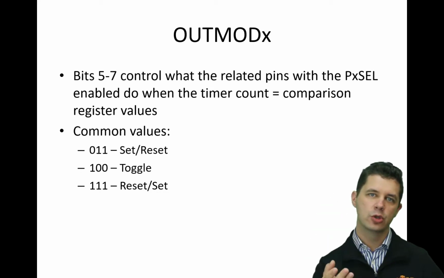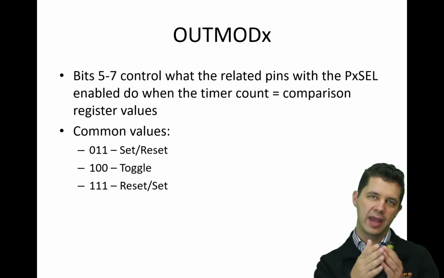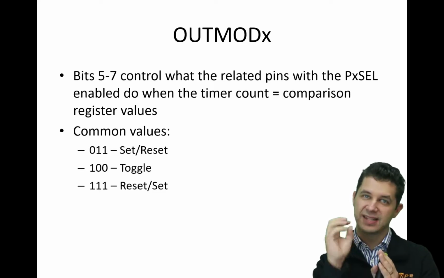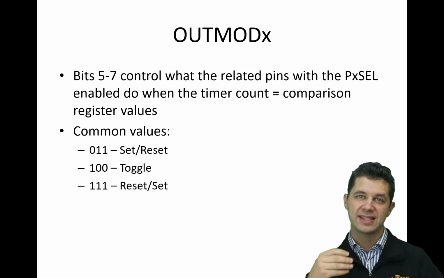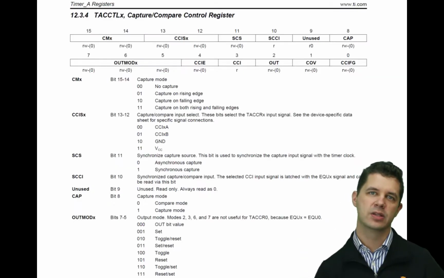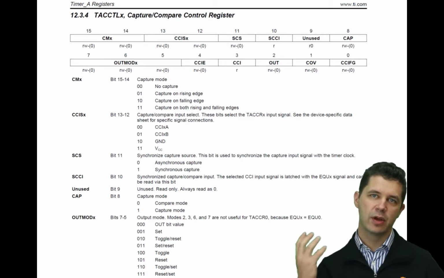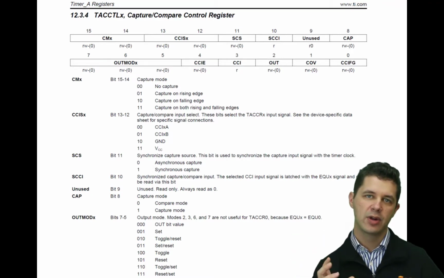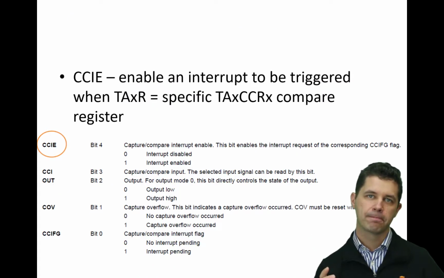And we can do the reset/set, where it resets when our timer comparison value is the same as what's in our count value, and then sets it when it resets the timer count value. So a few different ways around it. And here's what's in one of those particular control registers. You'll notice there we've also got the CCIE, the enable interrupt, and we've got one of each of these for each of those particular comparison registers available to us.